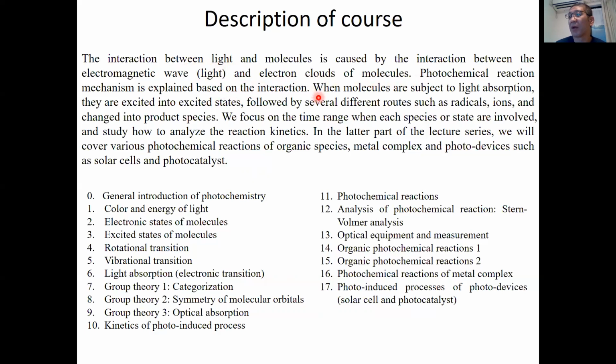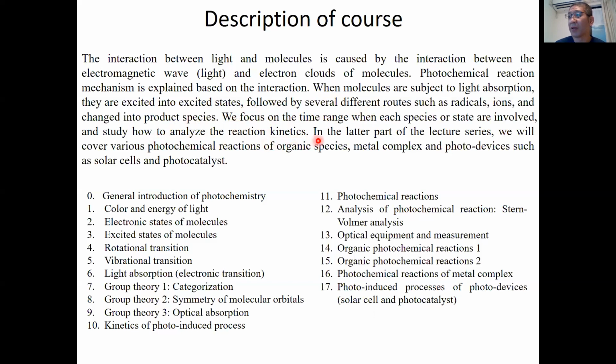After molecules absorb light, they are excited into excited states. After that, many different photochemical processes happen. And thinking about the time region each species or state is involved in, we are going to study each process, and then also study the reaction kinetics.